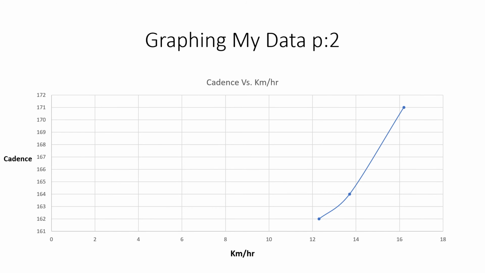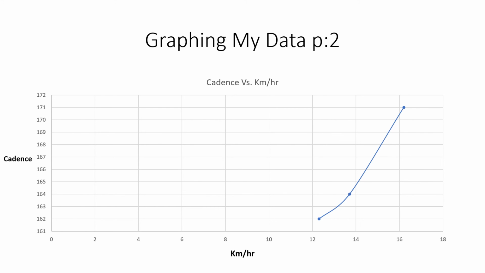Now let's compare that to how my cadence is affected as my kilometers per hour goes up. These graphs are a little confusing because if you just look at them, you're going to think, oh, wow, the cadence is spiking at a much higher rate than the stride length. But obviously that's wrong from my big chart. The reason it appears like this is because my stride length axis in Excel wanted to start at 0, while the cadence axis was able to start at 161.